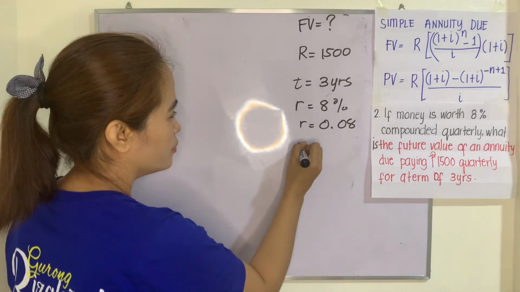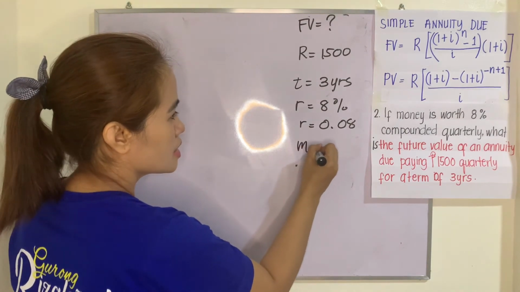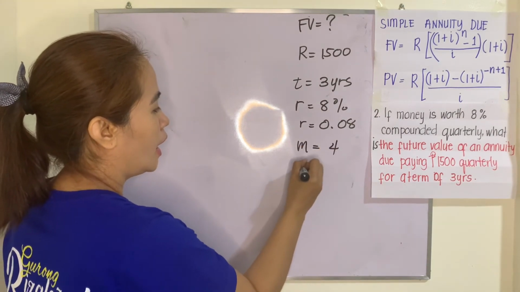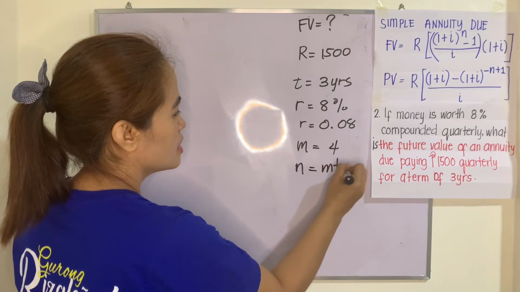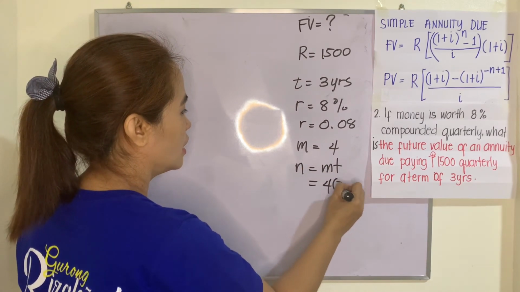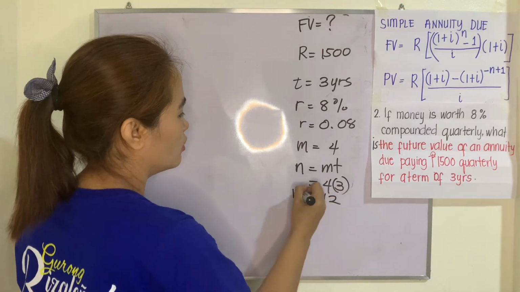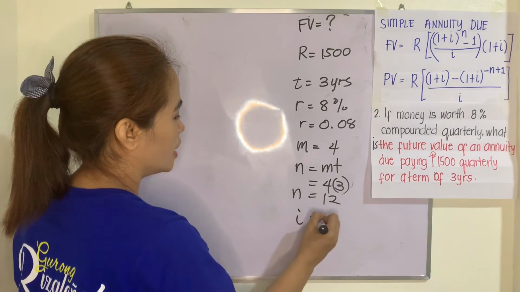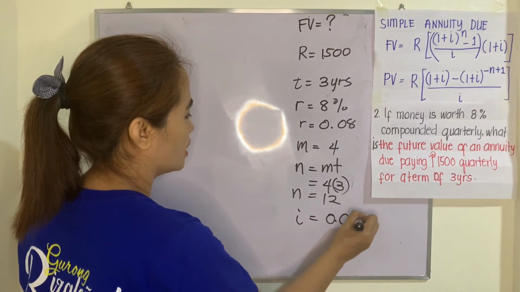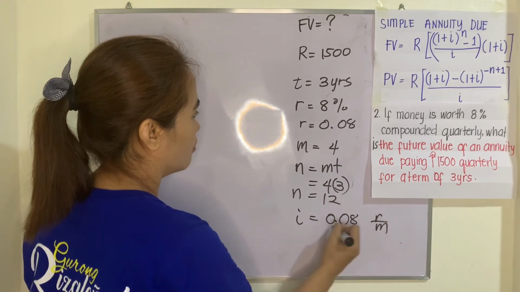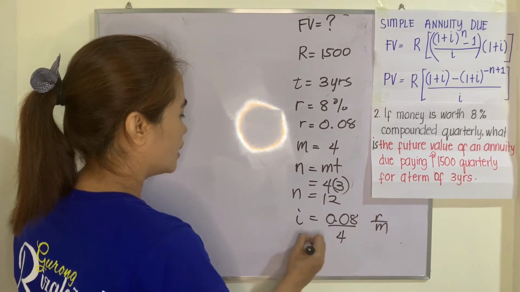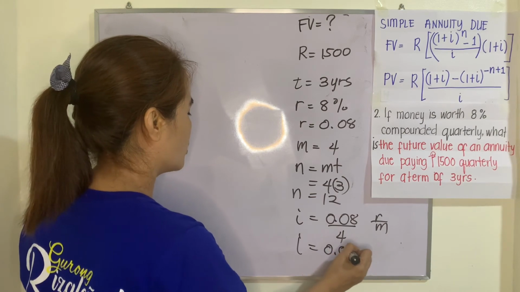And then M is 4, quarterly. N is MT. So that will be 4 times 3. It's equal to 12. And then I is equal to 0.08, that is r divided by M, divided by 4, that is 0.02.